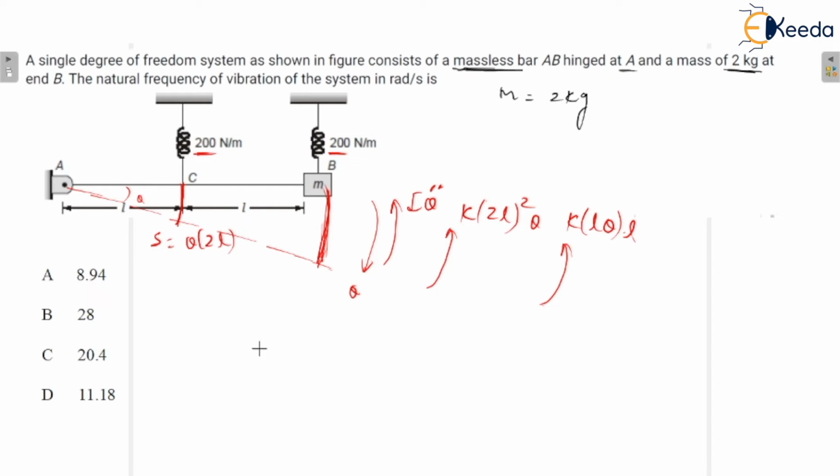Now we just have to write down the torque equations. That would be I theta double dot. Don't consider the mg torque, because the bar is massless. Even if the question says the bar has mass, you do not have to consider it. Again I am saying, whether it is a massless bar or it has some mass, I'm talking about the bar, you don't have to consider the torque of mg.